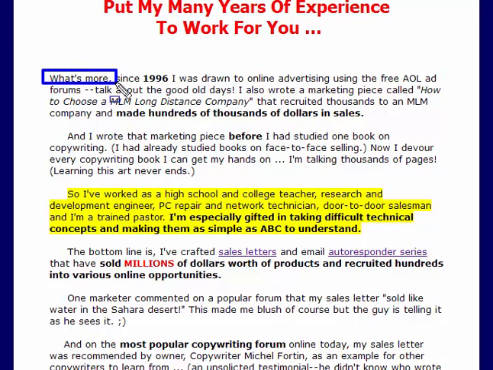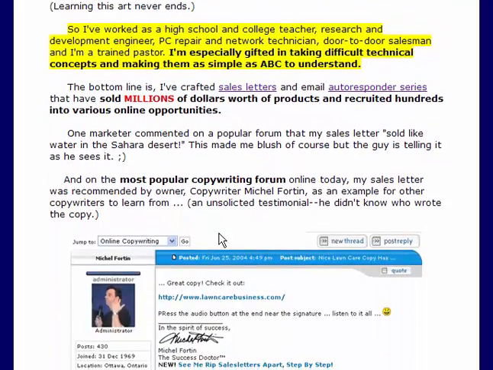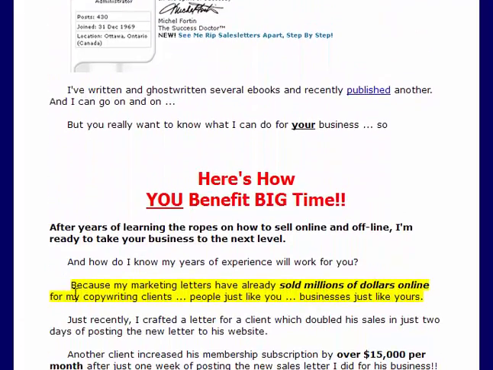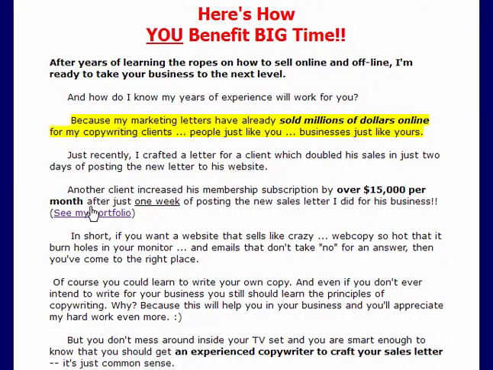One of my favorite transitional words is "what's more." Again, we have "and," "so." "The bottom line is" is one marking, again here "and." Okay, so with all of these transitional words, I'm making sure that I'm connecting one paragraph to the other, and this is one of the final stages that I go through when I'm writing any sales letter.